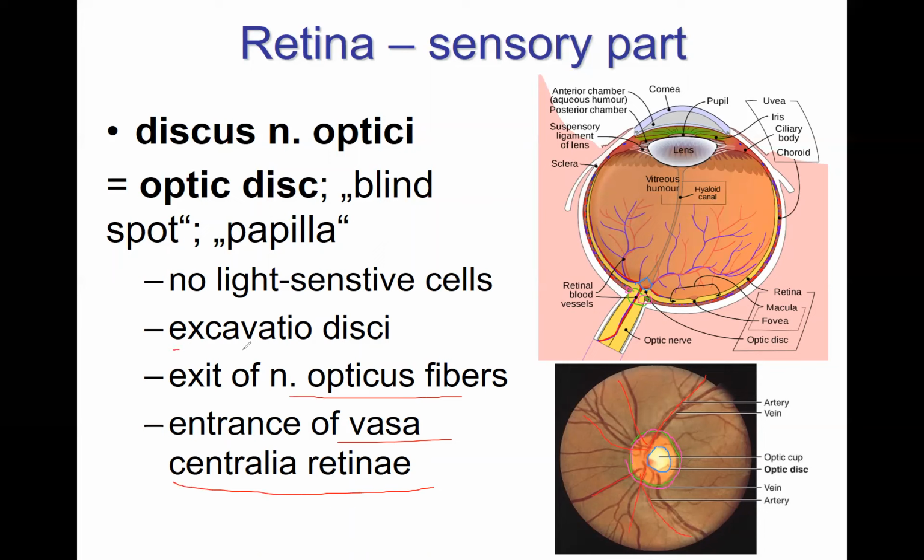It has got a cup or excavation in the center, and it's called the optic disc, and the colloquial name is blind spot. In clinics, it's sometimes called papilla. But papilla is usually meant as a swollen disc during raised intracranial pressure.